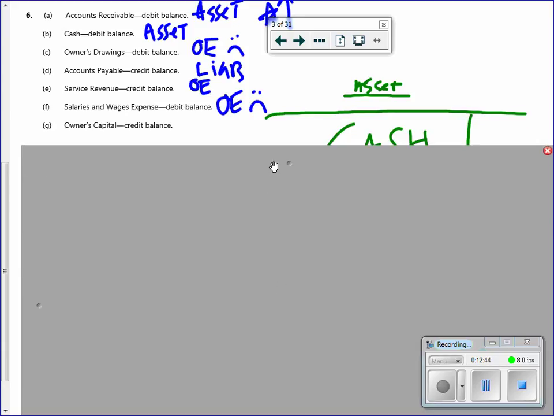Okay, what's number 7 talking about? Indicate whether each of the following accounts is an asset, a liability, or owner's equity, and its normal balance is debit or credit. So it's kind of like what we just did there.